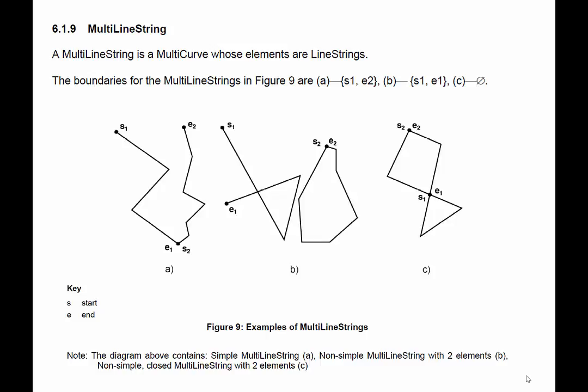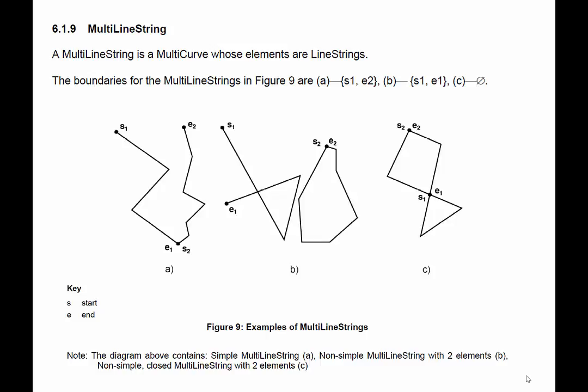So here's an example of some multi-line strings. This is a multi-line string made up of two line strings, one S1 to E1, the other S2 to E2. So we've got a simple multi-line string, and a non-simple multi-line string with two elements.